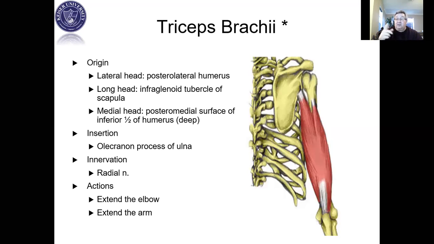The other 2 heads, the lateral and medial head, are on the humerus. The triceps brachii inserts into the olecranon process of the ulna. Remember, it's the ulna, not the humerus. It crosses the elbow joint. It's radial nerve innervation, and it extends both the shoulder and the elbow.